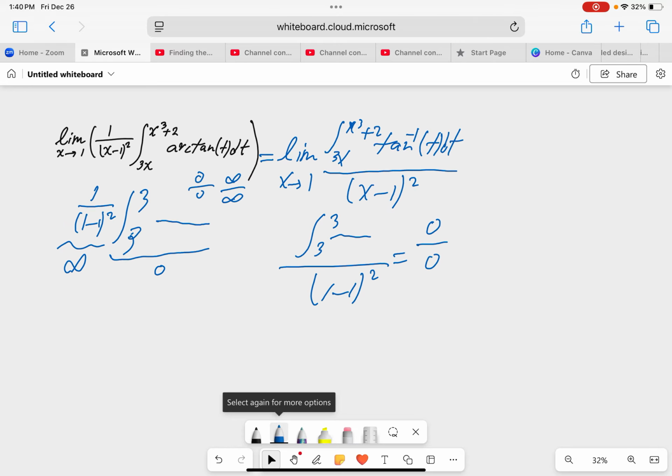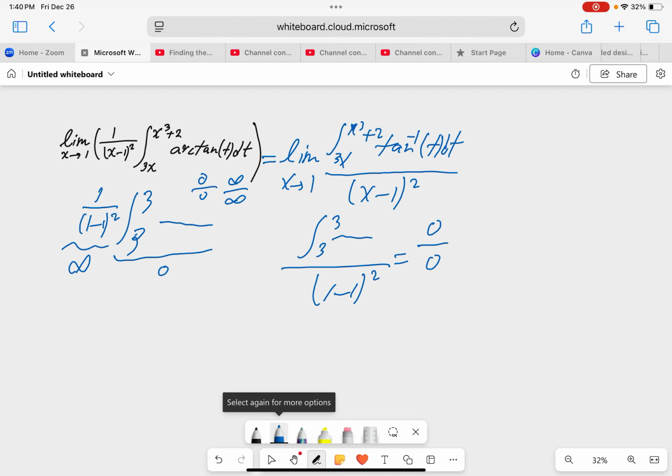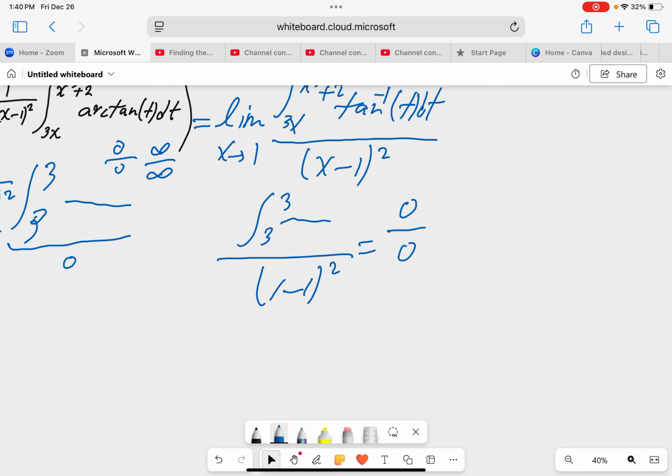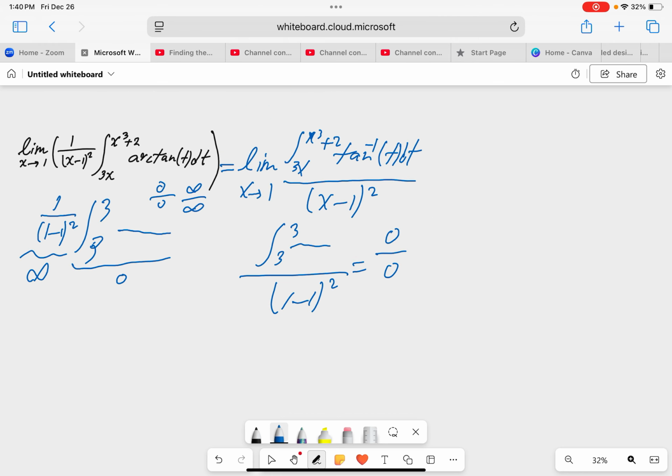All right. So now what I'm going to do is take the derivative of the numerator, this one here.